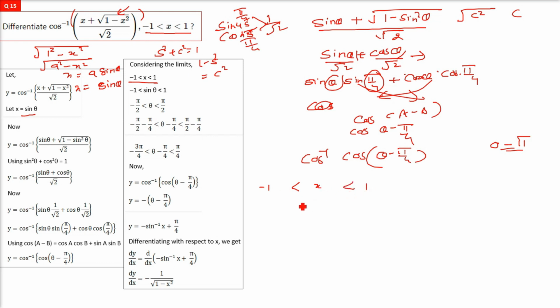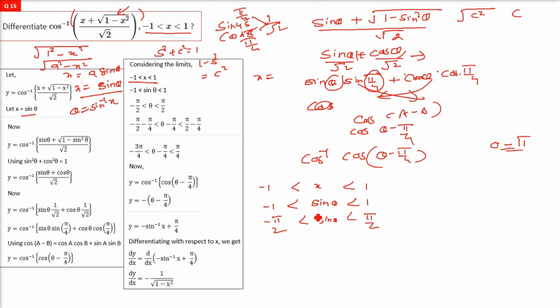Now, x is actually sin theta you have put. So, in place of x, just replace it by sin theta. So x is sin theta between negative 1 and 1, and we already know what that is. It is between negative pi by 2 and pi by 2, and this is theta between negative pi by 2 and pi by 2.